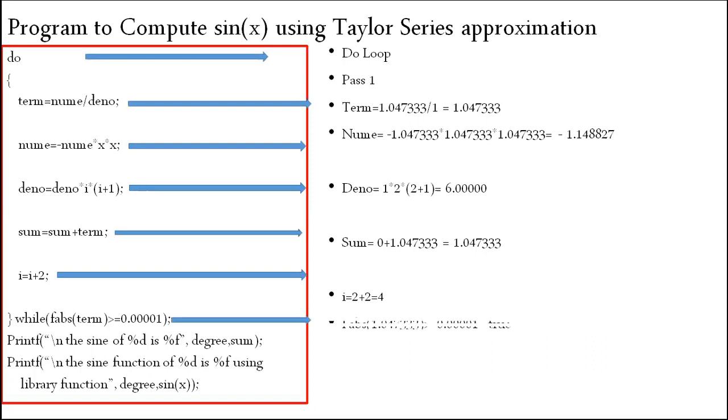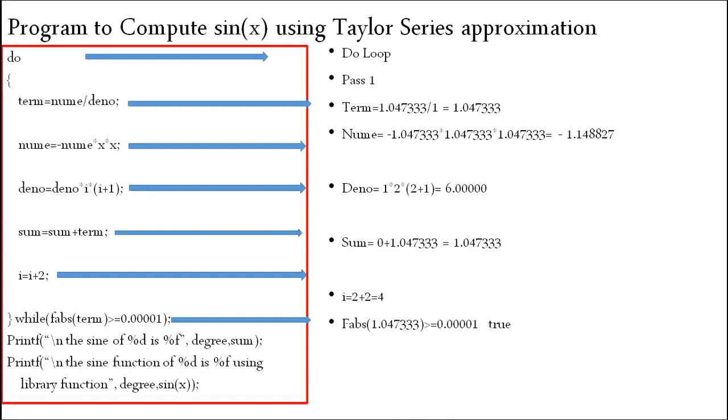Next we have the condition. Anyway, I'm using a do while loop. First it will do one iteration, then it will go to the condition. So here I'm using a function called fabs, that is floating absolute value. F stands for floating, ABS stands for absolute value, where I'm taking the value of term and comparing it with a very small number.